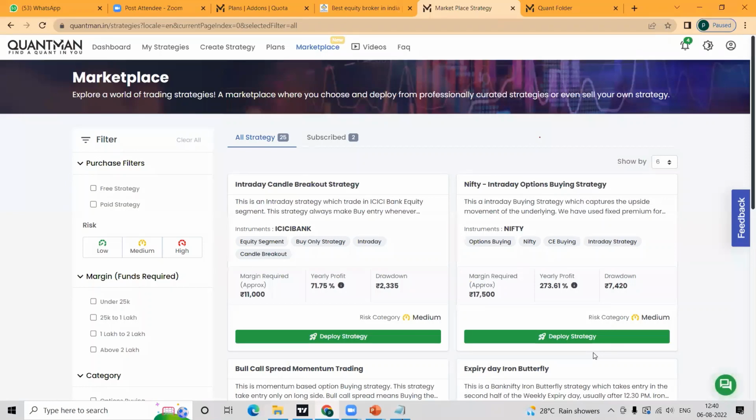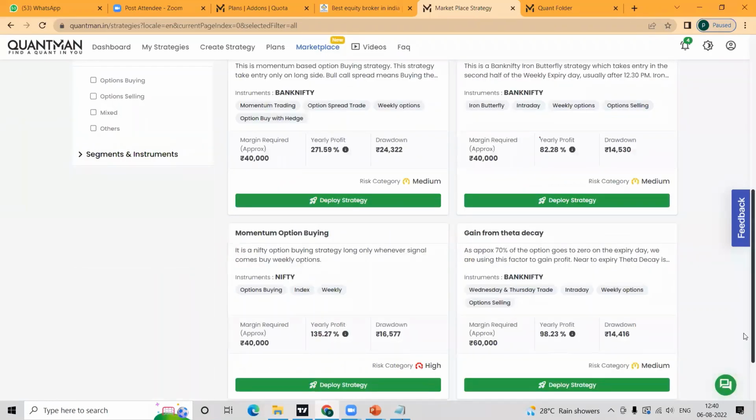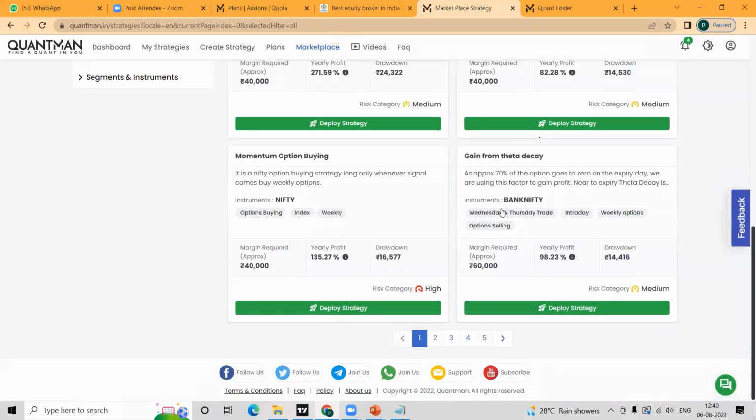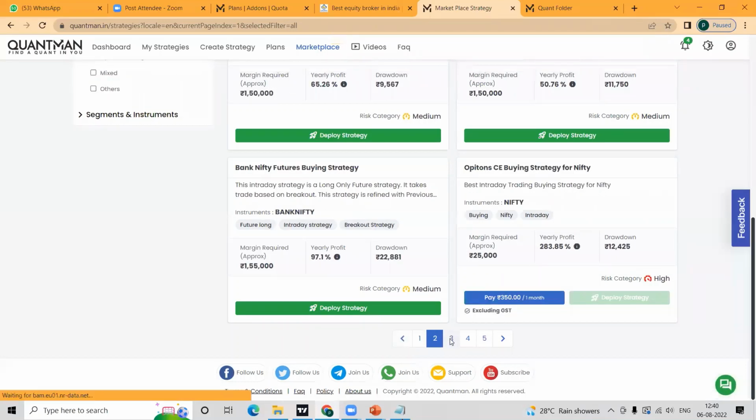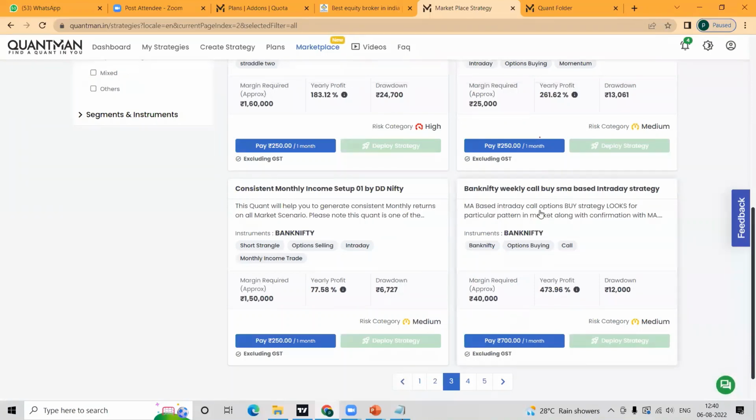We are giving a lot of option selling strategies for free also. This strategy requires margin around 50 thousand to 1 lakh, but it gives good return. It only places orders on Wednesdays and Thursdays. We have a lot of variety of strategies, you can choose.